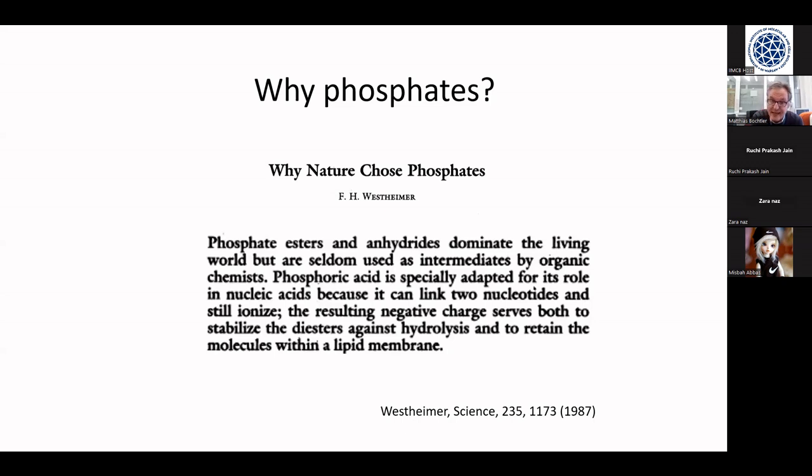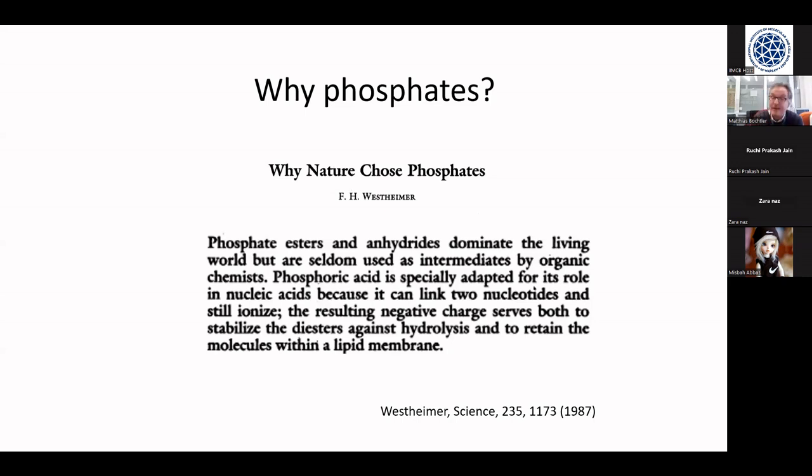Basically, Westheimer's conclusion is that it can make connections two ways, so it forms the diesters, and it then still has a resulting negative charge that stabilizes the diesters against hydrolysis and also helps to retain the molecules within a lipid membrane. So it's localization, and more importantly, it's long-term stability of the linkages against hydrolysis.